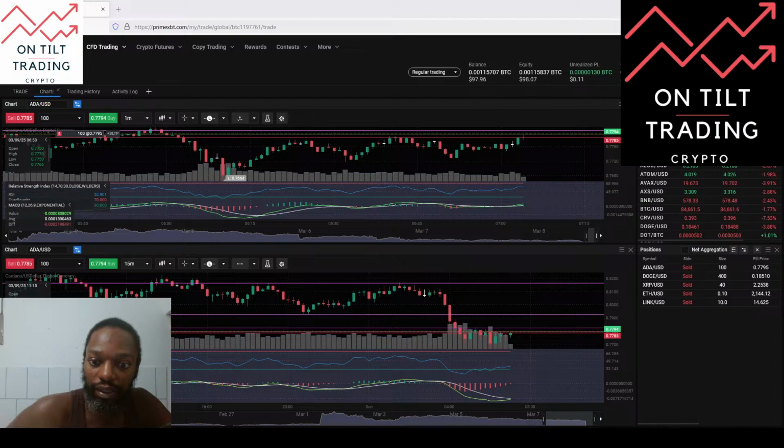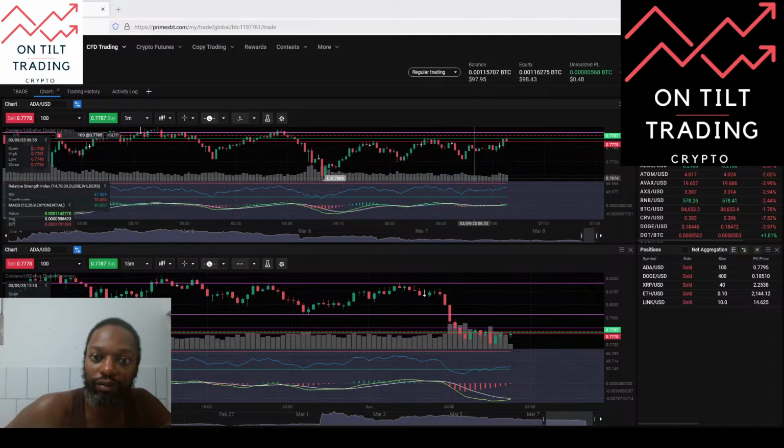So we may be extended down here with this large move, but we'll see. We'll see if the sellers, so there are sellers here at this level at S4, we'll see if they can hold this level.